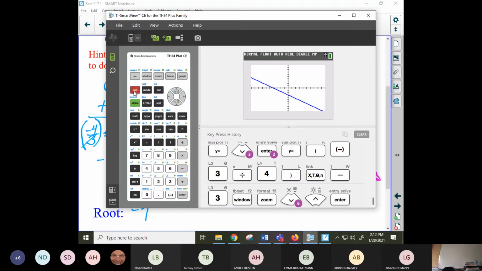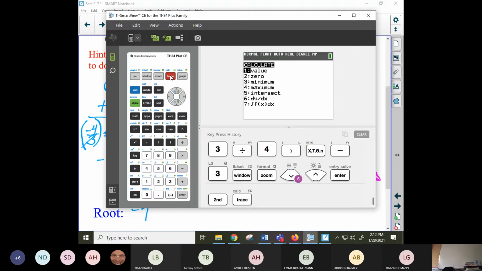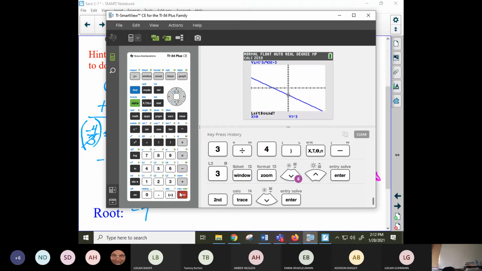So hit second trace. And what we want is the zeros, which means roots, which means x-intercepts. They're all the same. So let's go down to 0, hit enter.